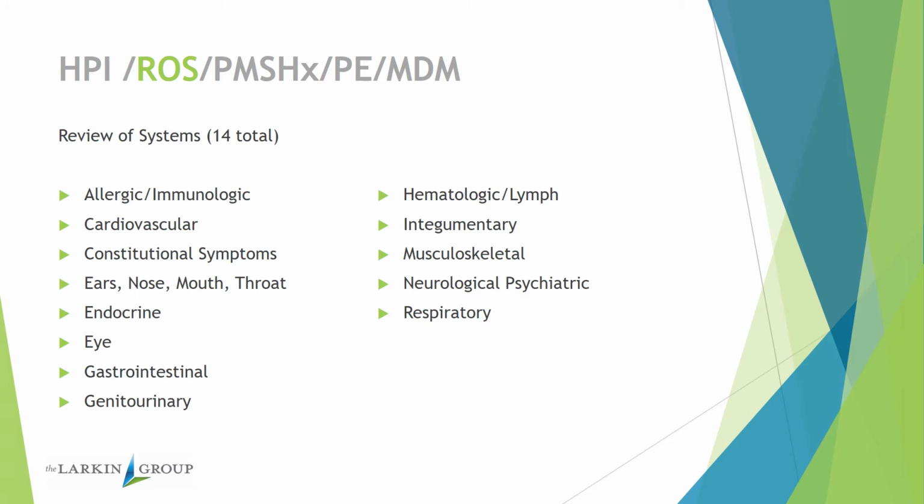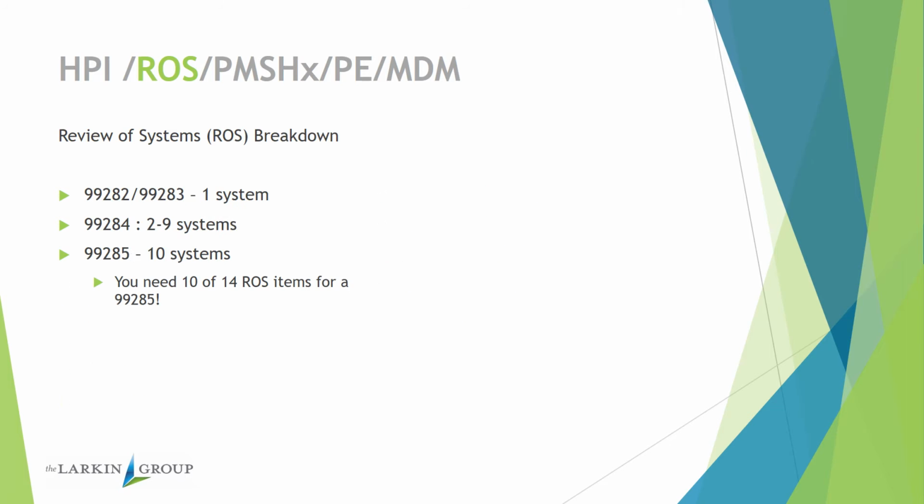The Epic template has 14 systems that you can detail. And again, the more systems you chart, the better support you'll have for your level of charge.